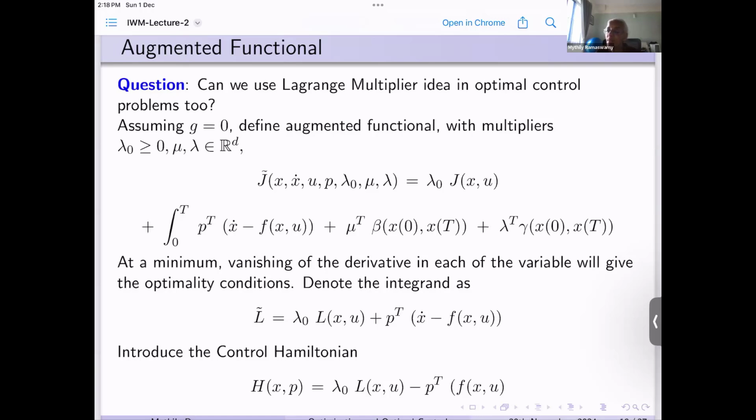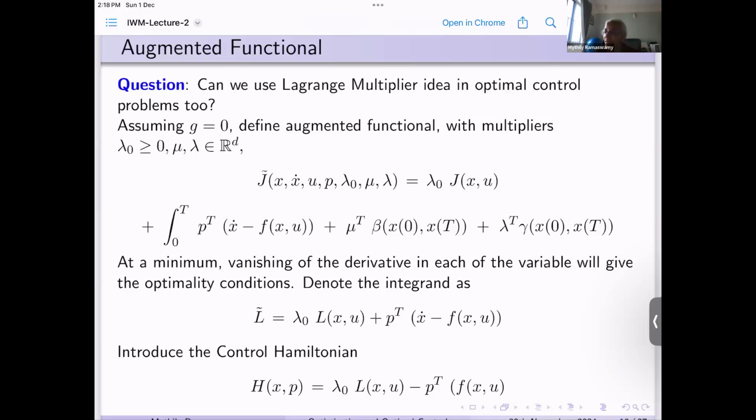The first one, in the integral from 0 to T, is the inner product between P and x dot minus f, both are Rn vectors. So this is the Rn inner product. Okay, so I have augmented the functional, which we call J tilde.